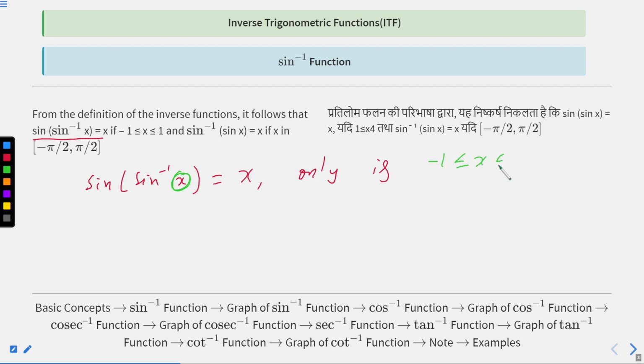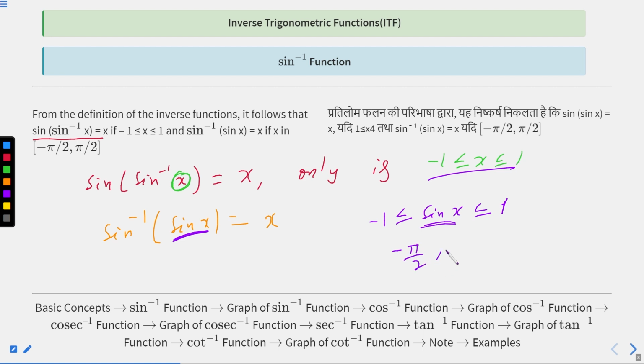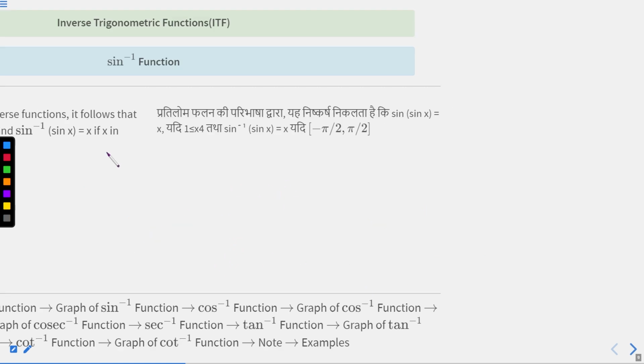Okay, and from this we can also say that sine inverse of sine x is equal to x only when the input is in between, so minus 1 less than or equal to sine x less than or equal to 1, and we know this happens when x belongs to minus pi by 2 to pi by 2. Okay, let's move to next, the graph for the sine inverse function.